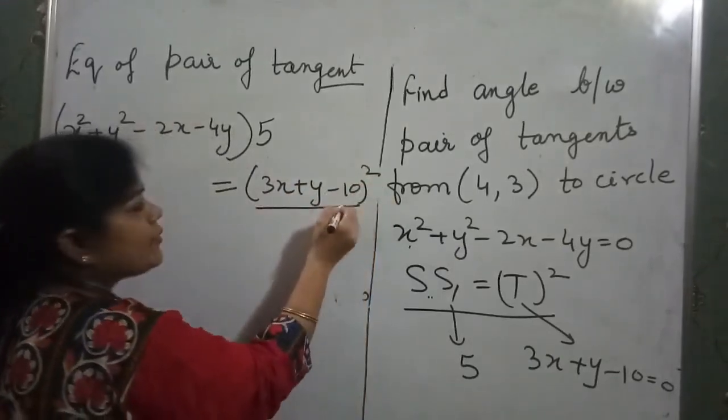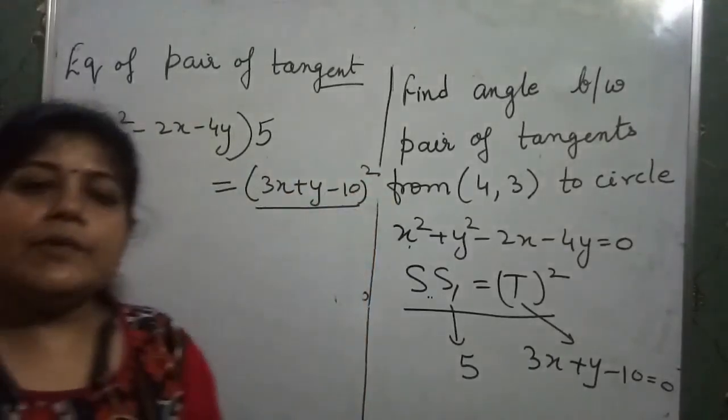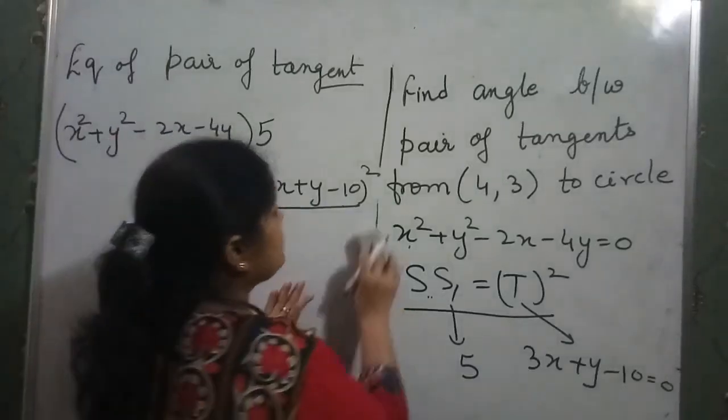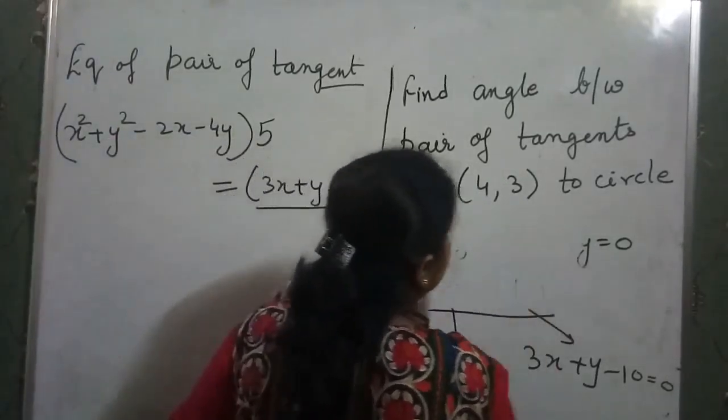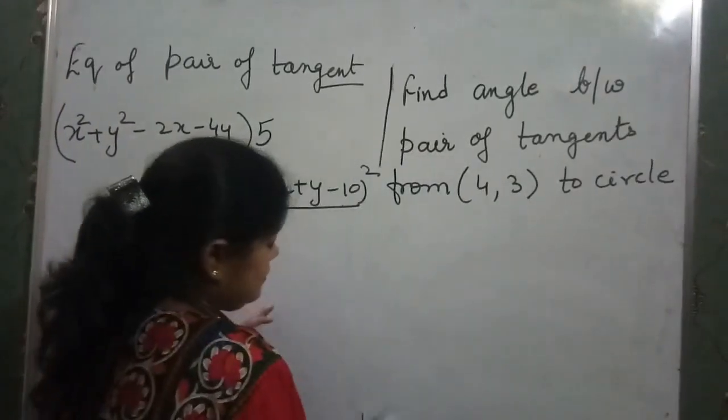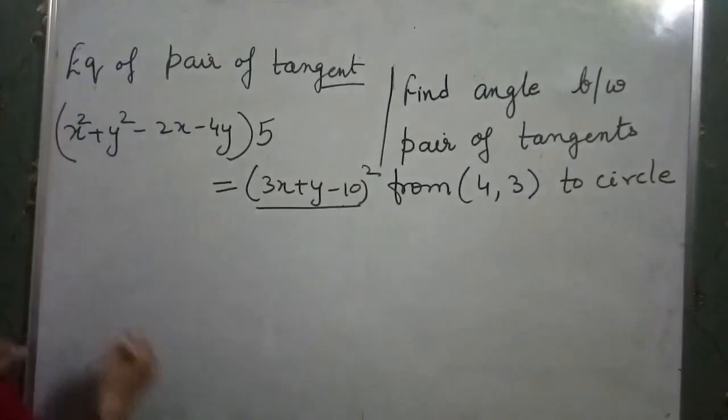You can expand it by using the formula (a plus b plus c) whole square, that is a square plus b square plus c square plus 2ab plus 2bc plus 2ca. Okay, now I am using that formula.